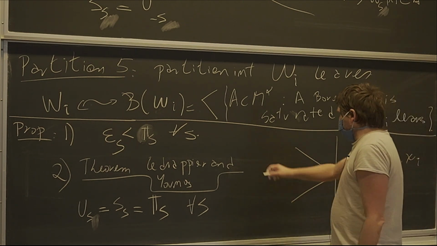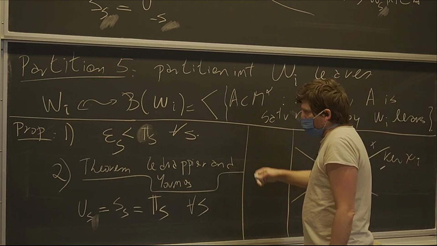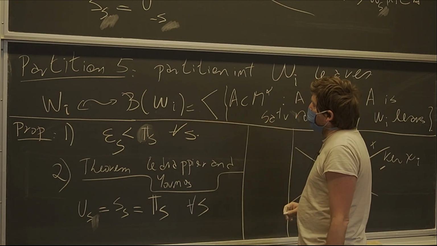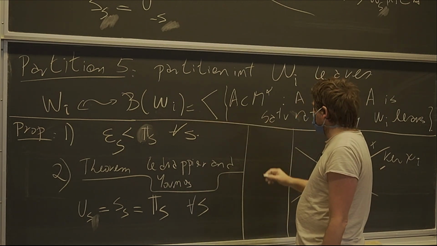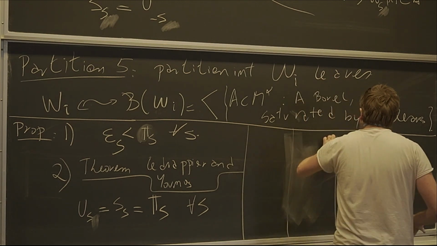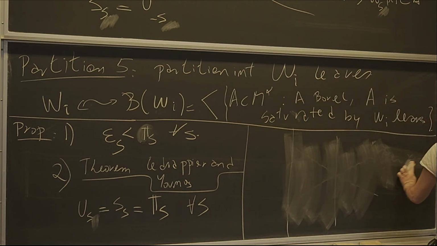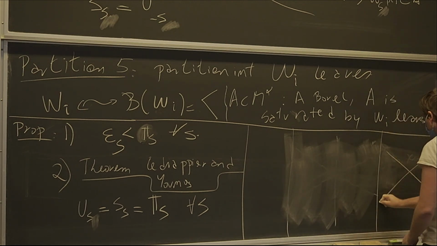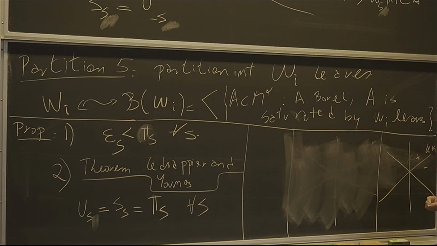Okay, and the third property is a complete triviality, even more trivial than the first. Maybe let me push this picture towards here. Kernel of chi I, here is positive, here is negative.